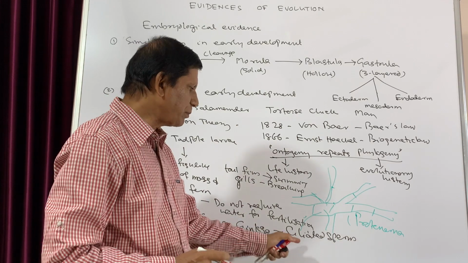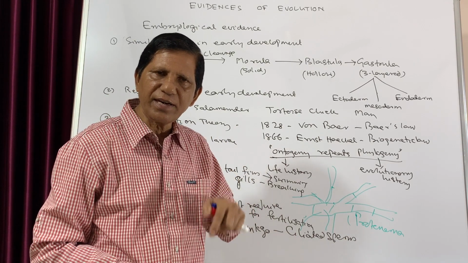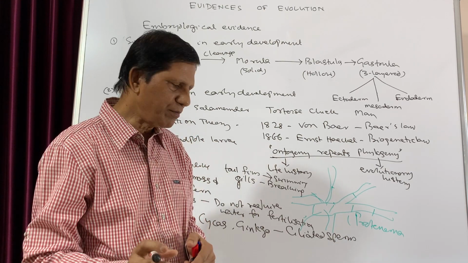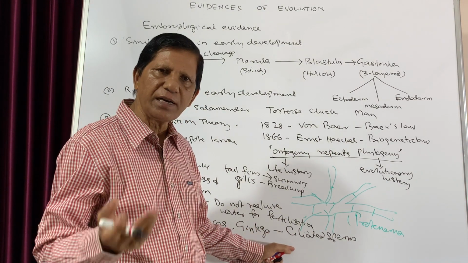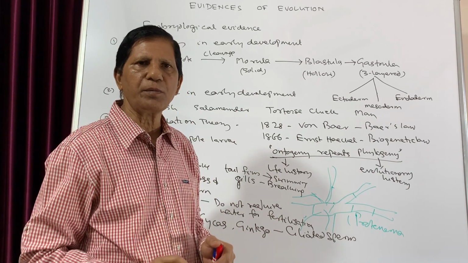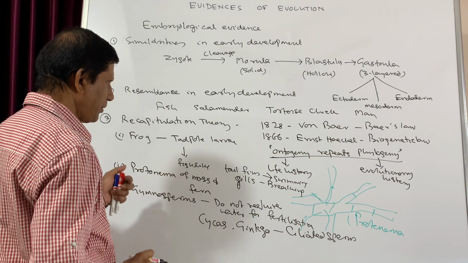This flagellated sperm is characteristic of the lower ones, that is bryophytes and pteridophytes, which require water for fertilization. In the same way, cycas and ginkgo require water for fertilization, while the higher gymnosperms do not. So this is another good example from the gymnosperms.